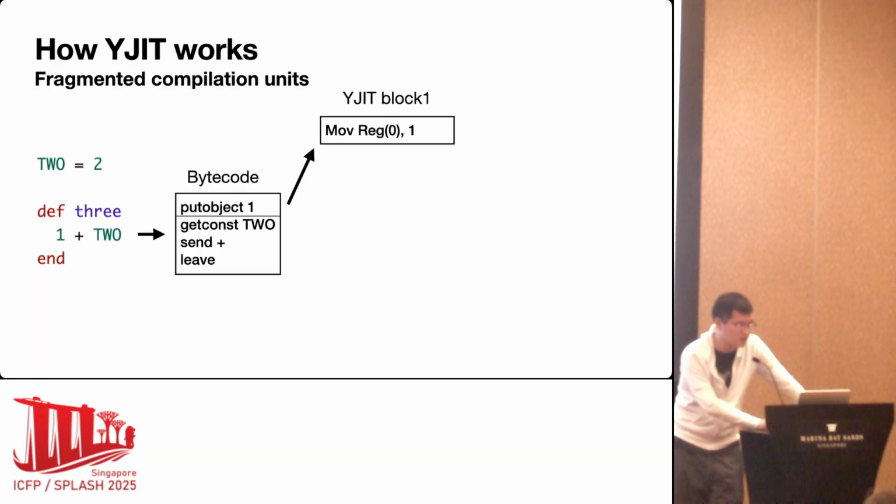With YJIT, because of the invalidation reason for the constant, it needs to split the block at the get constant instruction. So it stops the compilation after compiling put object. Because it's only compiling put object 1, it needs to assign 1 to a register.